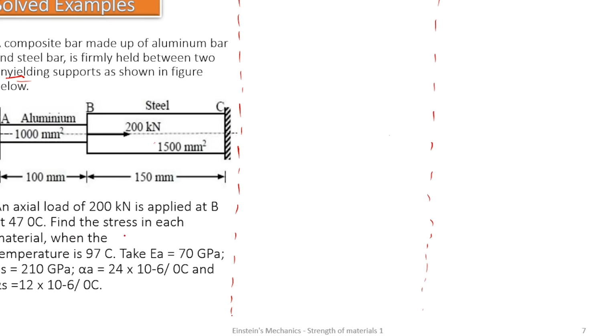Find the stress in each material when the temperature is 97 degrees Celsius. You should take E of A, which is the modulus of aluminium, to be 70, for the steel to be 210, the expansivity of aluminium is 24, and that of steel is 12. So all the parameters are there.